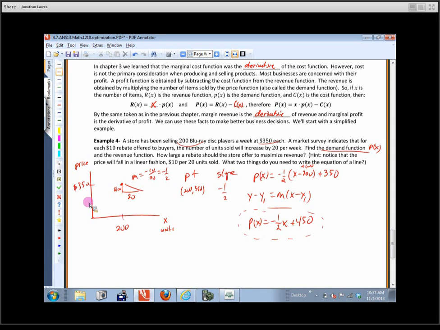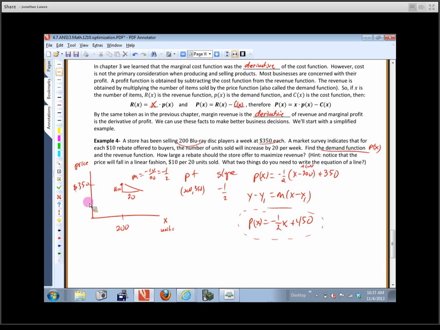So if you were to put that price at 450, you get 0 units sold. If you sell your Blu-ray DVD players at 450, nobody's going to want them. What's your revenue then? 0. You're not selling anything, so you're not bringing in any money.